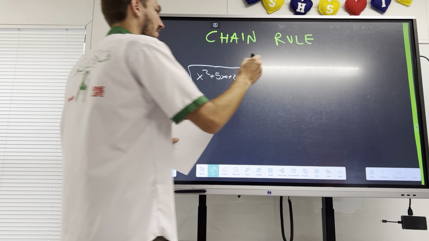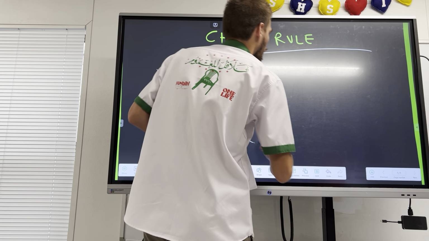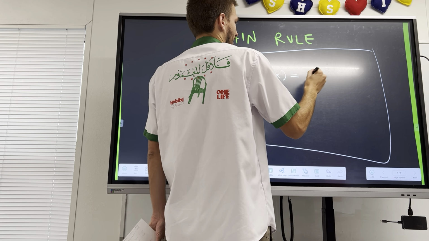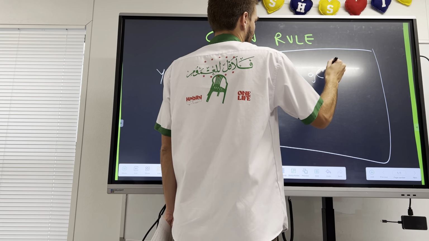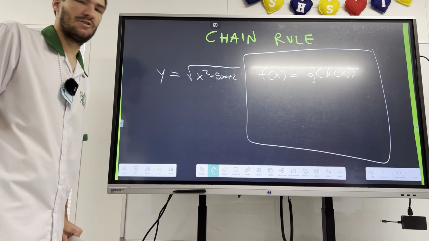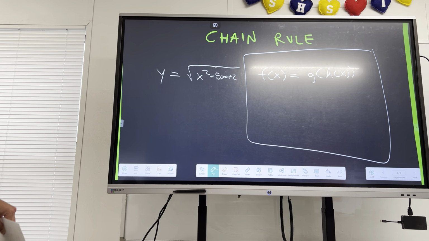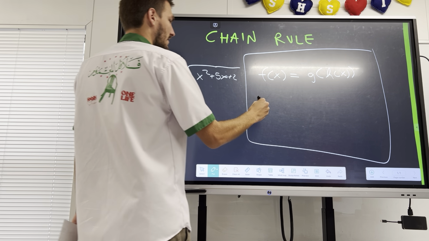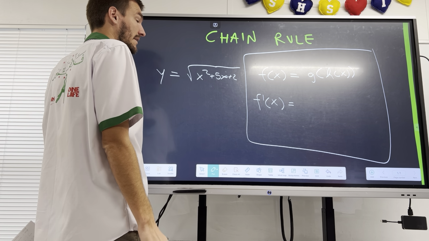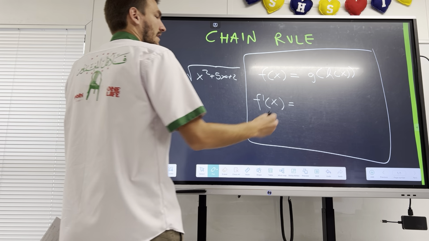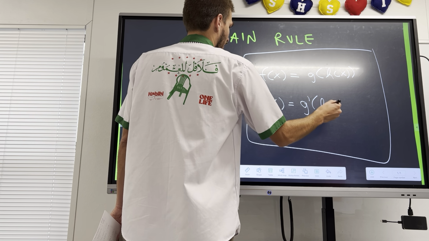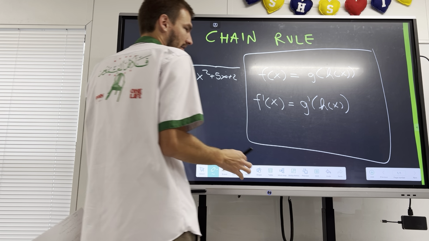The chain rule, I guess we'll get right into it. If f of x is equal to g of h of x, so that's g with the h on the inside of the g, f prime of x is going to be, you're going to take the derivative of g just like normal, and you're going to leave that h in there.